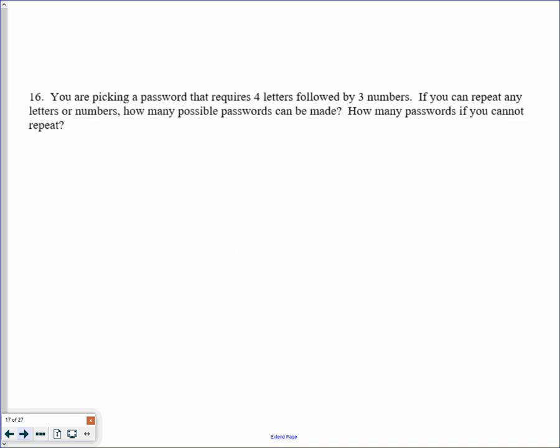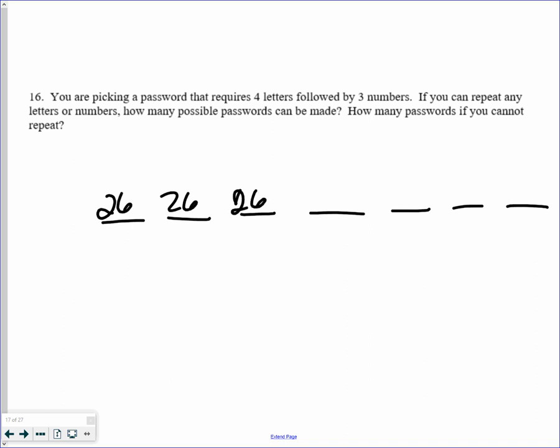You are picking a password. 4 letters, 3 numbers. How many possible passwords can be made? Now, how many possible can you make if you cannot repeat anything? Well, there's 26 letters in the alphabet, and there's 10 numbers, 0 to 9, which gives a grand total of 456,976,000 possibilities.